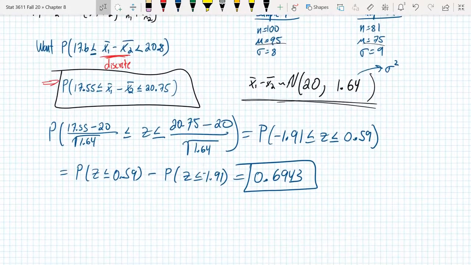Okay. I'll mention something to think about real quick: if we didn't make these continuity corrections right here and right here, that's really just going to change your bounds a little bit.